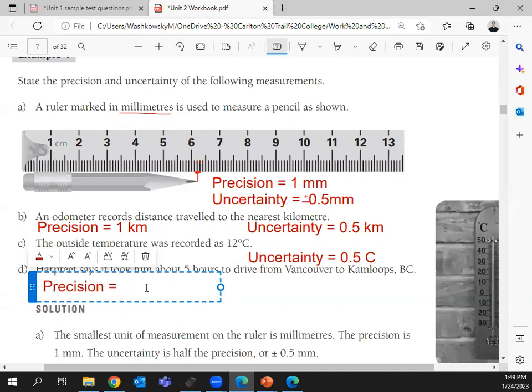How are they measuring how long it took them to drive? It's by hours, right? So in this case, our precision would be by an hour. And so what would be my uncertainty? Anybody? Yeah, 0.5 hours, you betcha.